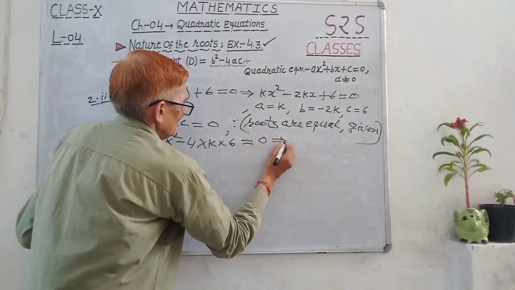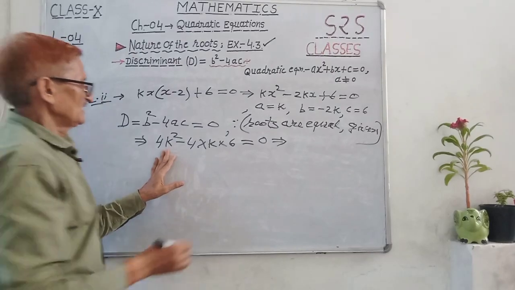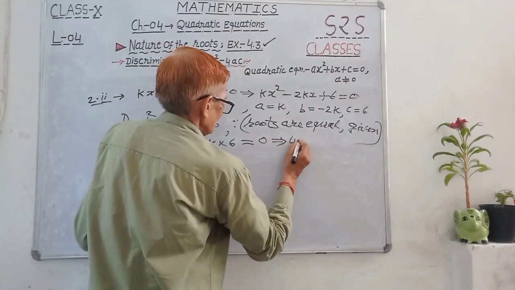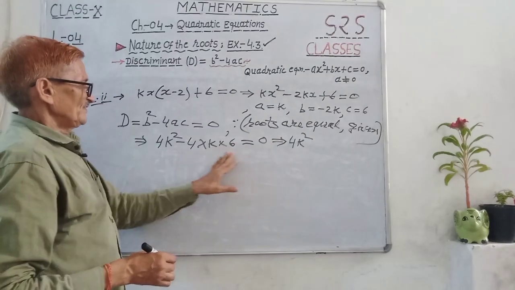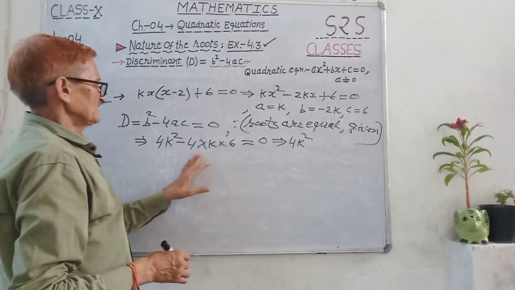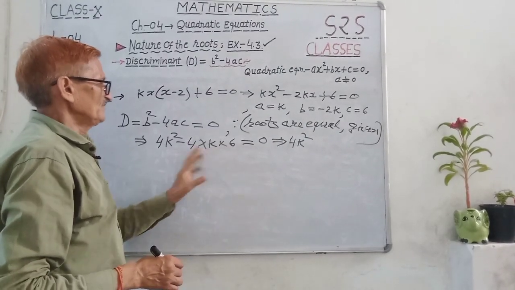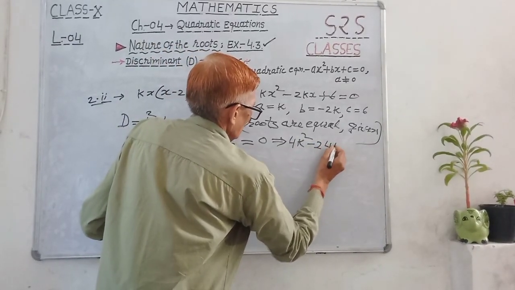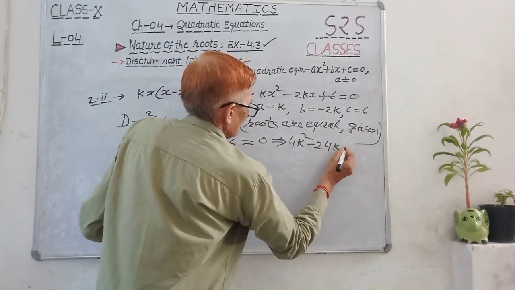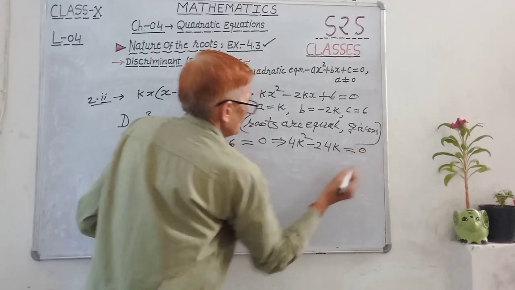This implies simplify: 4k square minus 4 times 6, 24k, is equal to 0.